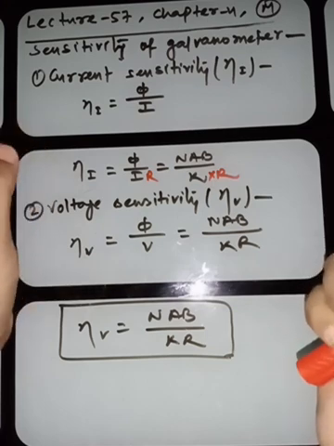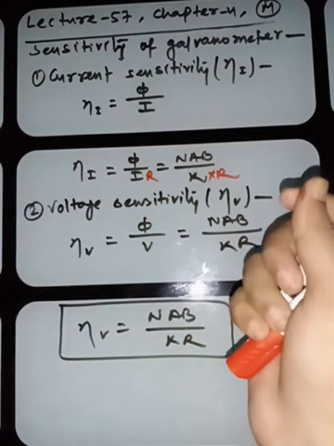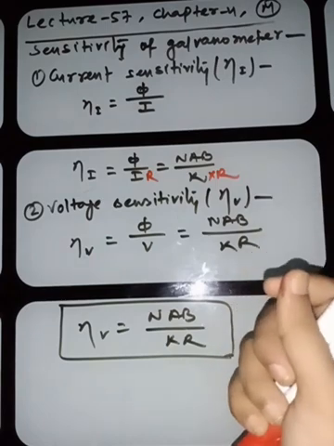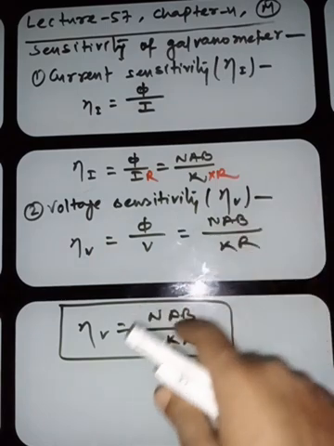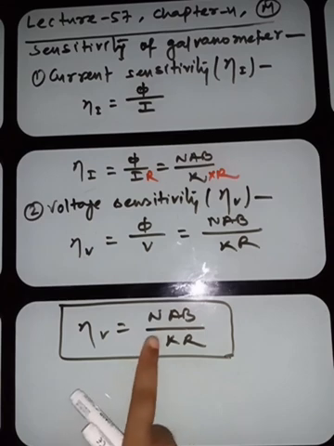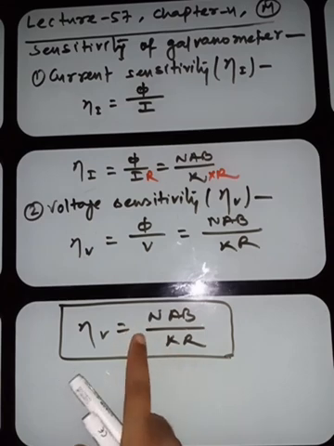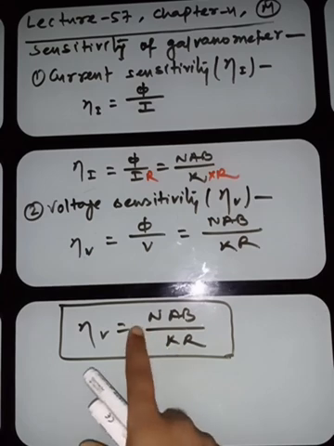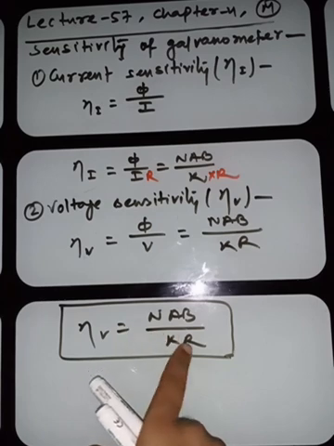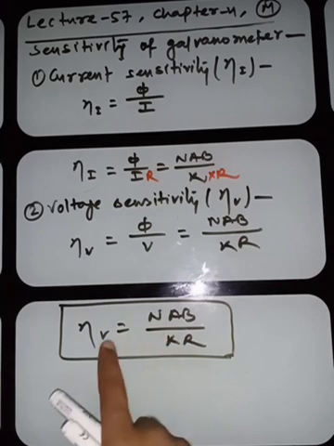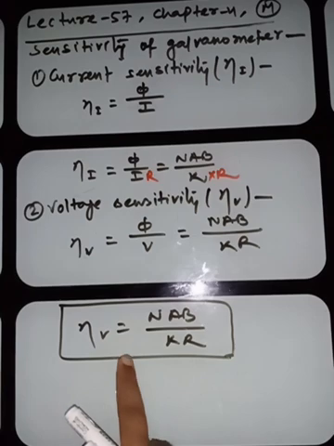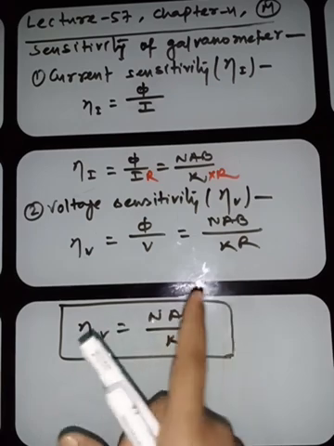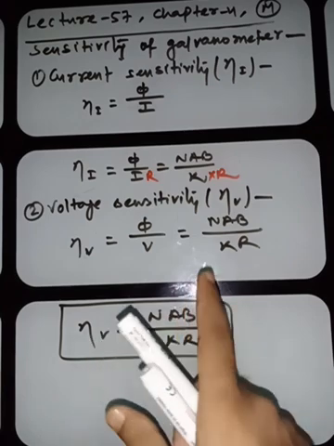And this is one of the very important questions of the board. Why? Then you have to give the explanation: the voltage sensitivity contains N and R, and both are proportional, so as you increase the number of turns, resistance will also increase, and as a result there will be no effect on the voltage sensitivity. It means changing the current sensitivity does not necessarily change the voltage sensitivity.